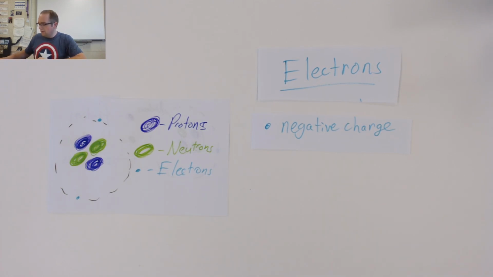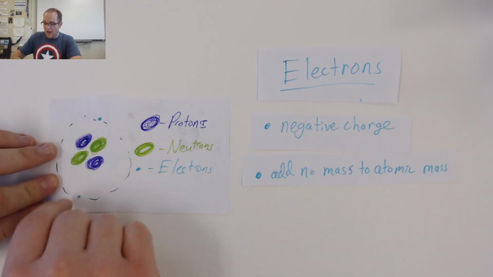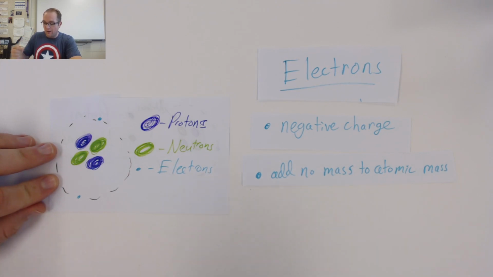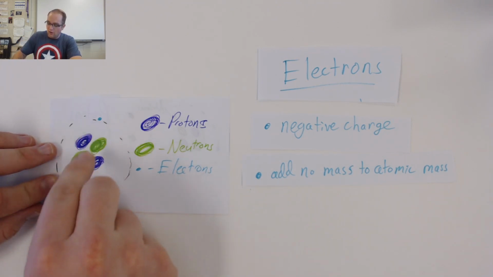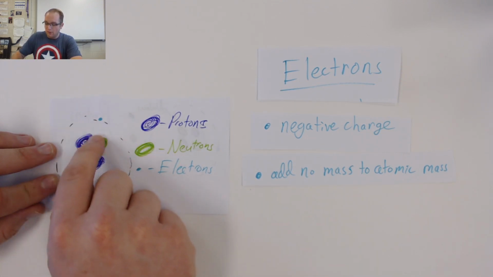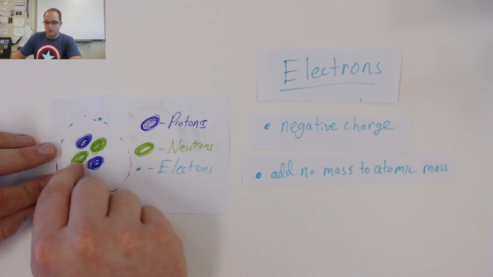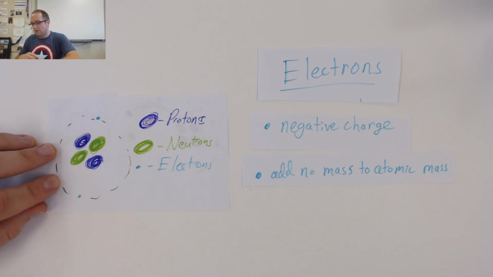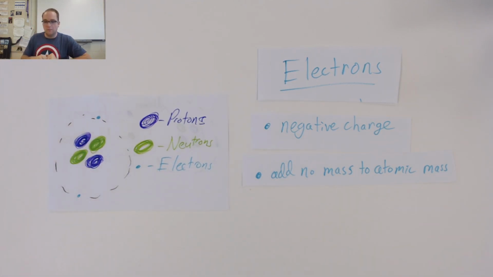Now, these guys essentially do not add any mass to our atomic mass. Now, that does not mean they have no mass. They do have some amount of matter to them, but it is so tiny. It's much tinier than my drawing shows. A proton is about 10,000 times bigger than an electron. So essentially we say they have no mass.